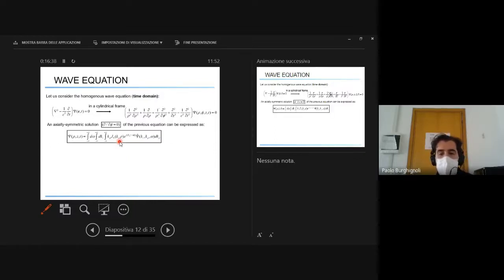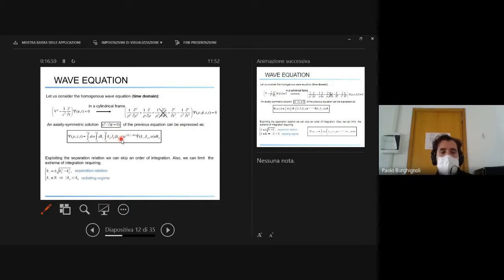When we assume, however, an axially symmetric solution, this problem simplifies a little bit. We no longer have the dependence on the azimuthal coordinate, and the integral is given in terms of a Bessel function of zeroth order instead of nth order.